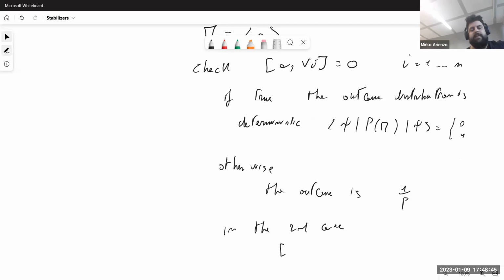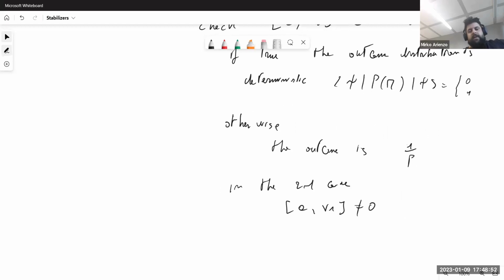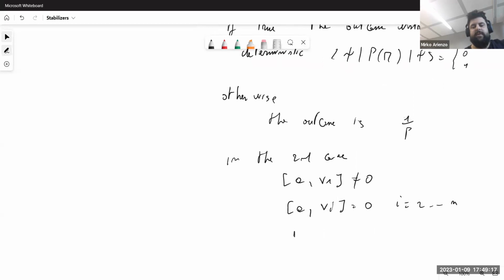Suppose for example that A·V_1 is not 0, but you can suppose that A·V_i is equal to 0 for i from 2 to n. This is because if for one of them it's not true, you can just multiply by a suitable multiple of V_1.